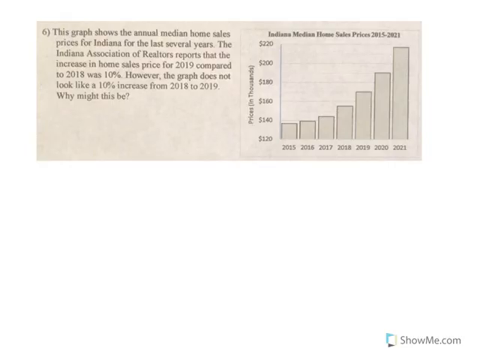This graph shows the annual median home sale prices for Indiana for the last several years. The Indiana Association of Realtors reports that the increase in home sale prices for 2019 compared to 2018 was 10%. However, the graph does not look like a 10% increase. Why might this be? Okay, so if we look here at 2018, I think 2018 looks to be roughly 155,000.